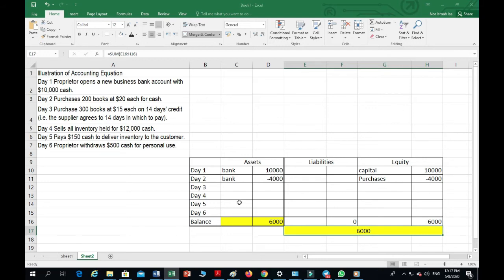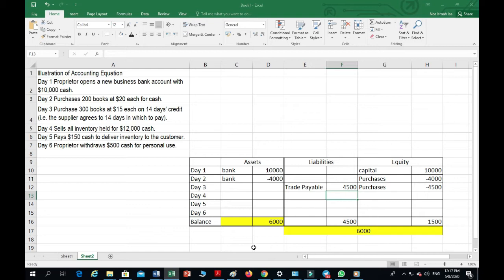As for the accounting equation, this purchase will decrease the equity by 4,500, which is 300 books multiplied by $15 each. And since this purchase was made on credit, there is an increase on the liability side as trade payable with the same amount of 4,500.